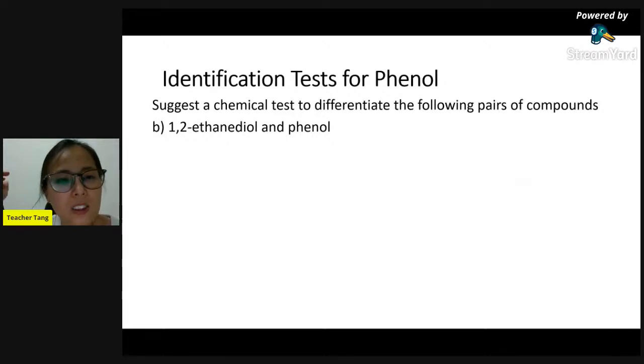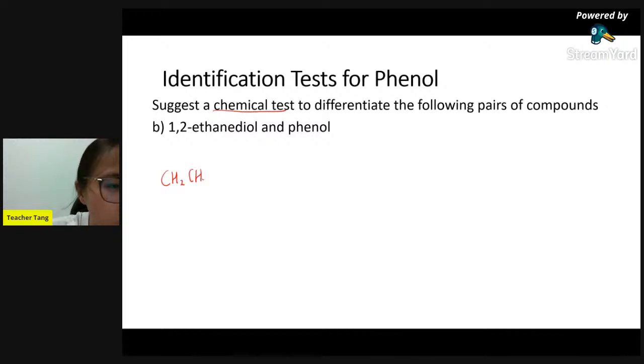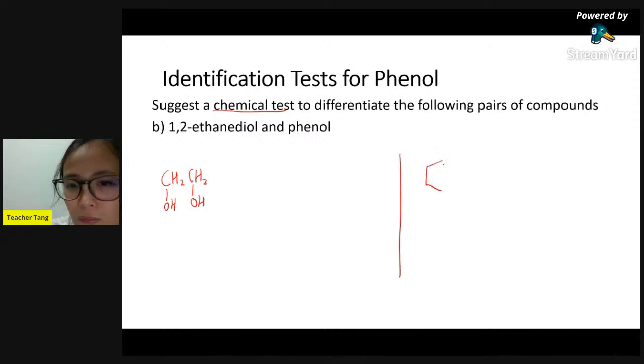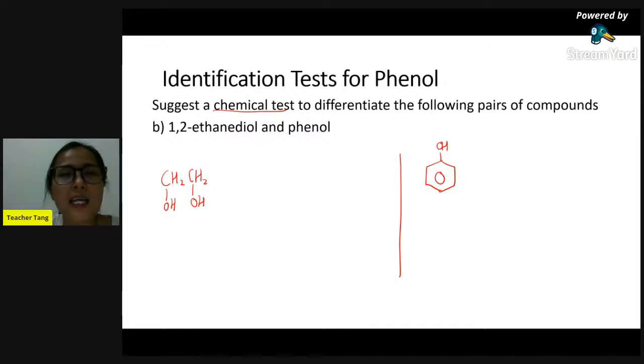So a chemical test to differentiate 1,2-ethanediol from phenol. So just now we used the test using FeCl3 solution. Now we change. We use another one, test with bromine water.